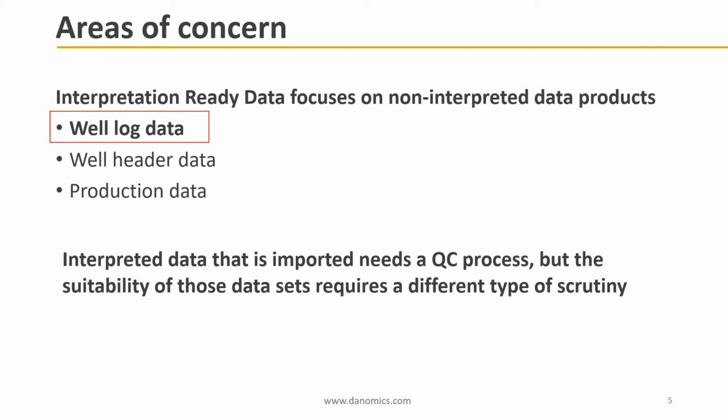So it's easy to find the problem data there. With production data, yes, this can be more subtle, but this is data that would undergo a very different QC process as well, and we typically use different methods for that. So this talk is specifically going to be focused on well log data.